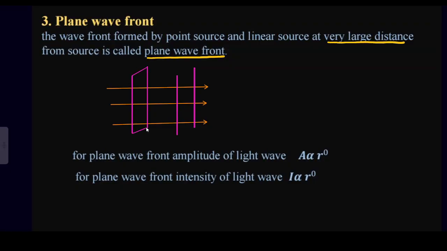These are the plane wavefronts, like a plane. Here we can place one paper like that, so these light rays are moving like this. These are called plane wavefronts. In the case of a plane wavefront, amplitude and intensity are both independent of distance.